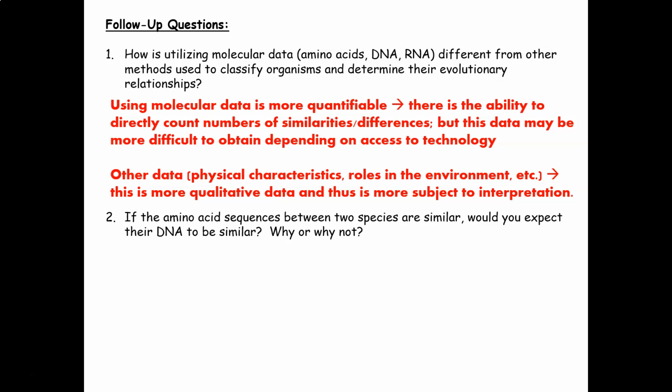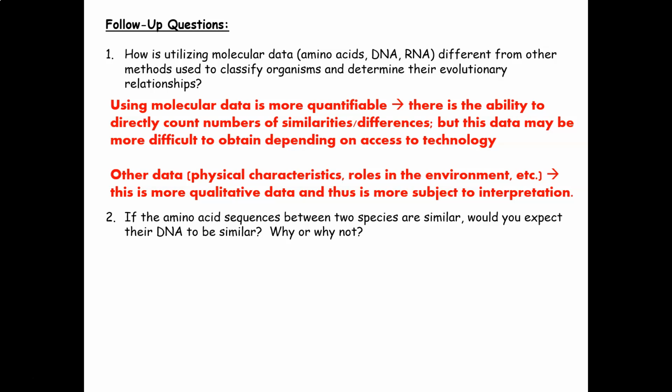And as a result, that type of data is a little more subject to interpretation. What I may see as the organism playing this particular role in their environment, somebody may see a little differently. And so some of that data can definitely be pretty cut and dry, and the vast majority of people would come to the same conclusion, but that's not always the case.